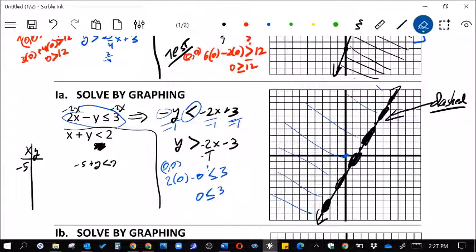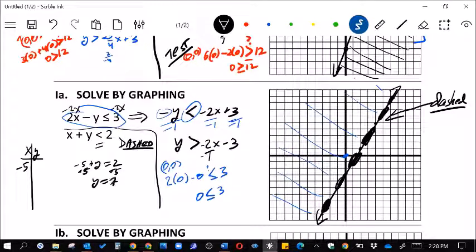Actually, my whole point was to make that equal. So let's do that now. I'm going to say it equals 2, just to find the places where the line should be, but then we'll use a dashed line. So now I'll add 5 to both sides, and so y is equal to 7.